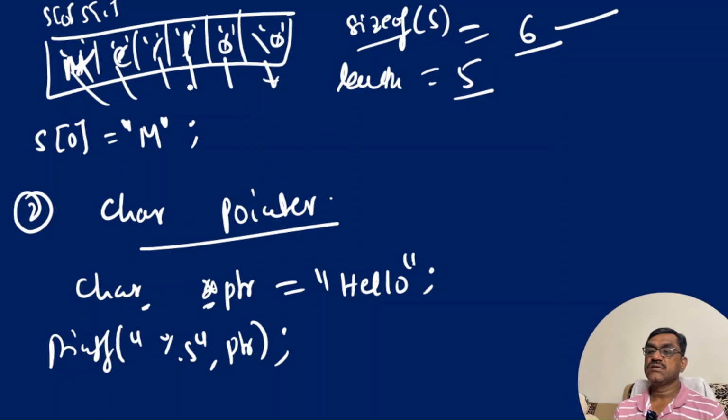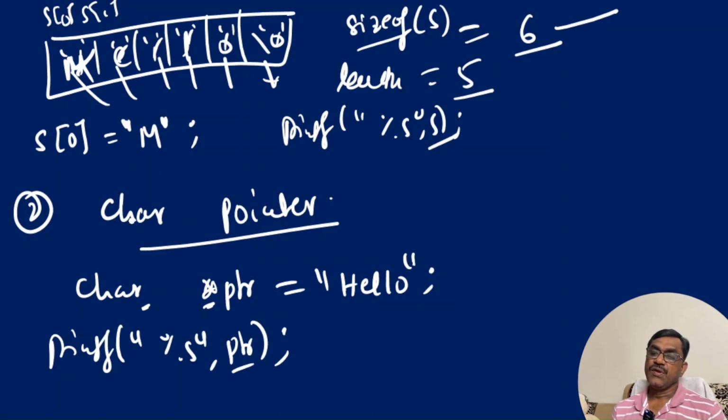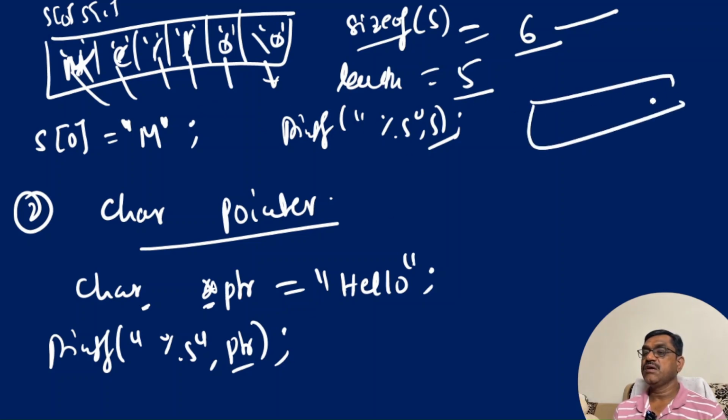In the previous case, that means a character string, to print the string, what do we write? printf %s comma s. So here also we are writing s, but here we are writing ptr. Now, what is the difference between this and this? In the first case, we have a variable S, in which we store the string in the form of character constants.